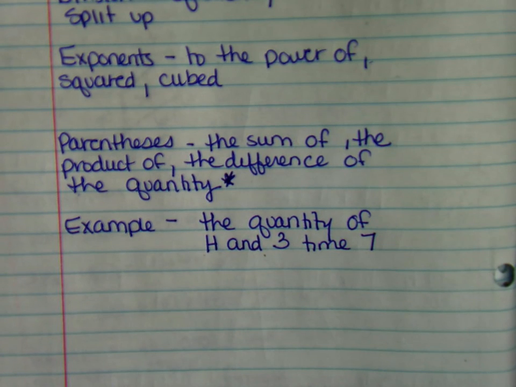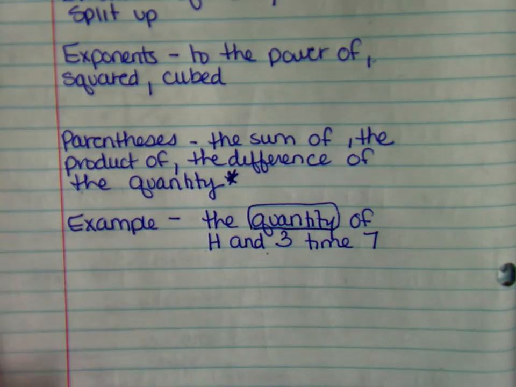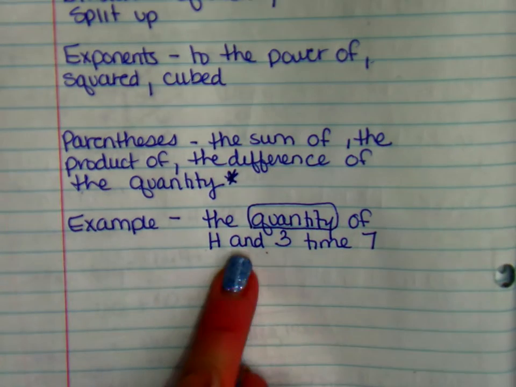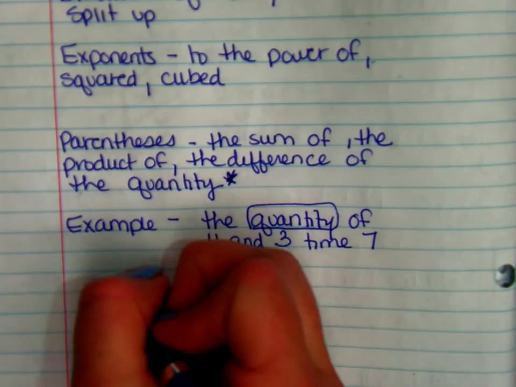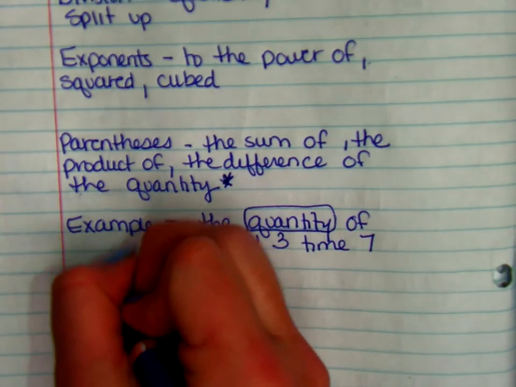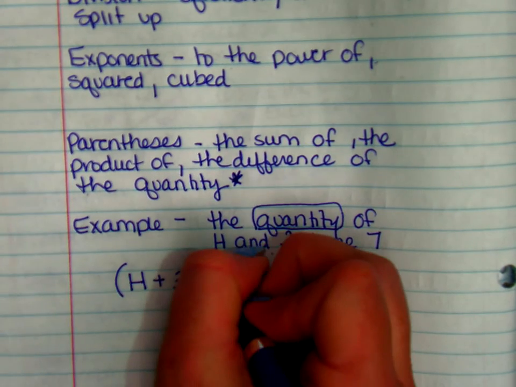So normally in a problem, I would be doing the multiplication problem first. But because I see this word, the quantity of, that tells me I'm going to be doing that first. So this problem is going to look like the quantity of, I'm adding them. So I'm going to say h plus 3, and I'm going to put in parentheses to signify that that's going to happen first. Then once I'm done with that, I'm going to multiply it times 7.